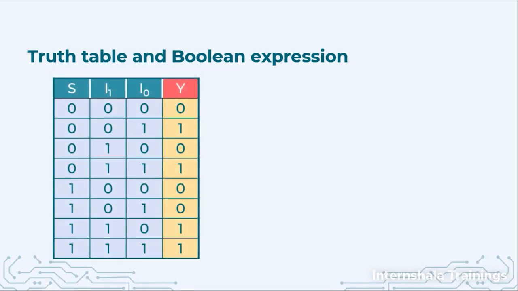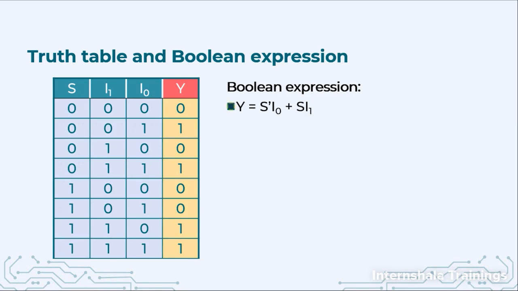When we talk about the functionality, the truth table is that we are going to have three input variables in this case. Two inputs are I1 and I0 and one input variable is S. So we have total 8 cases, and you can see in the first half of the table when S is 0, whatever is the value of I0, same is the value of Y. And in the second half, whatever is the value of I1, same is the value of Y. When we solve the truth table, we get the Boolean expression as S bar I0 plus S I1.